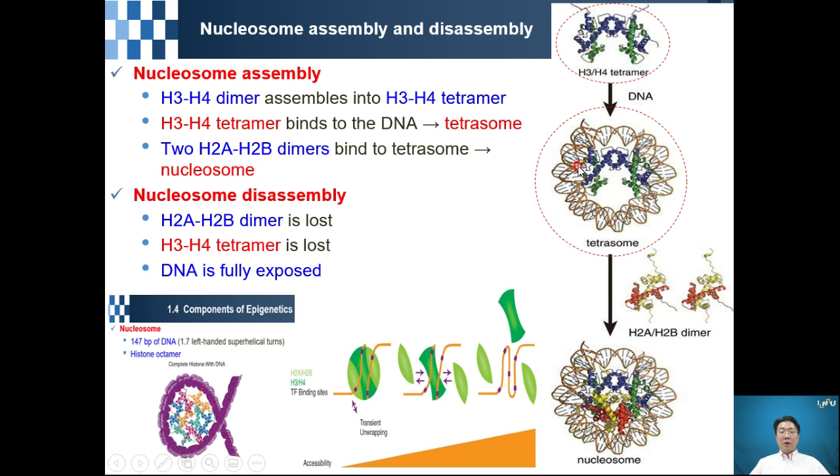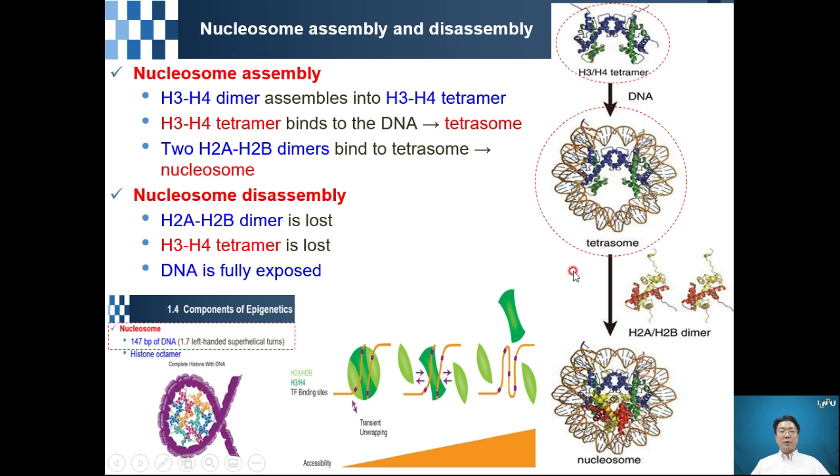Okay, what is the length of the DNA in the tetrasome? Previously we learned that the DNA length is about 147 base pairs. So 147 base pairs of DNA wrap the nucleosome. Okay, after that they will make the tetrasome.